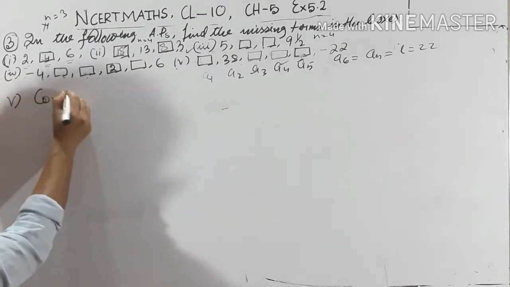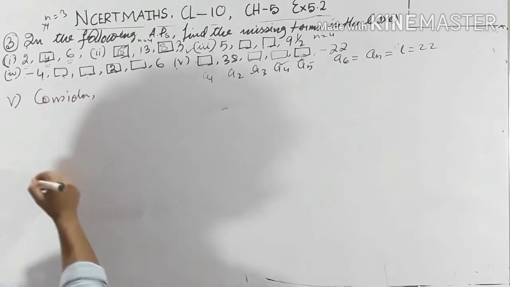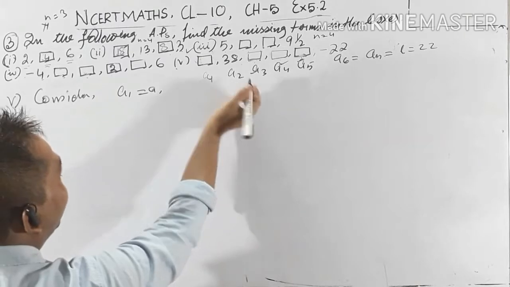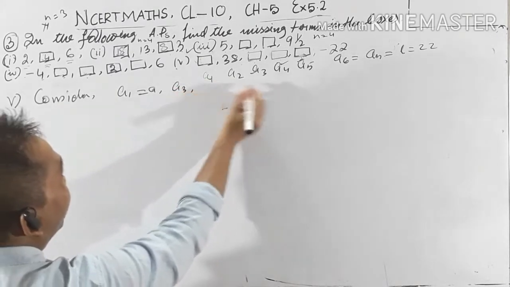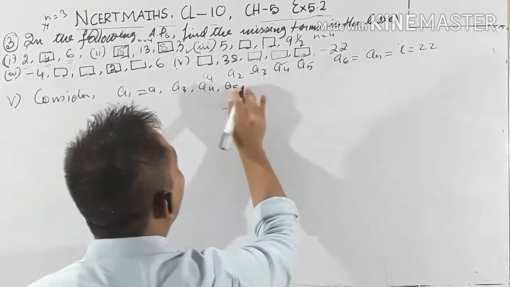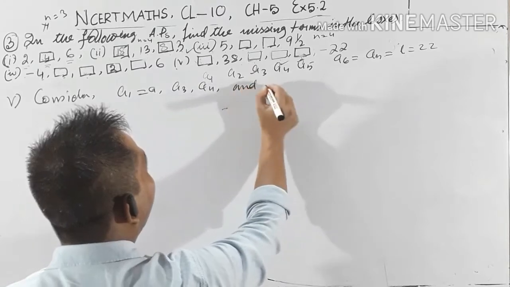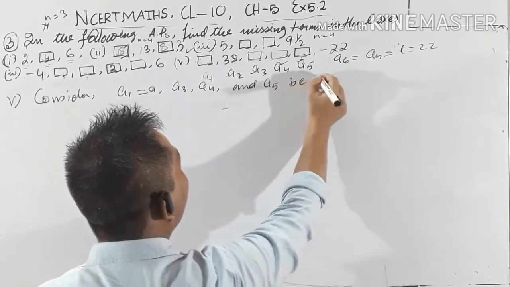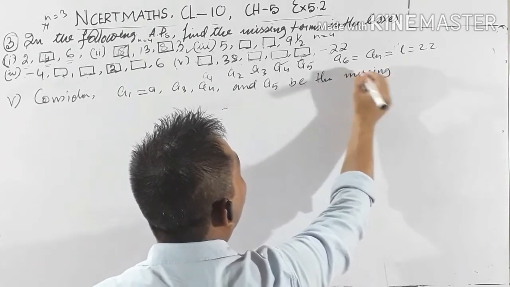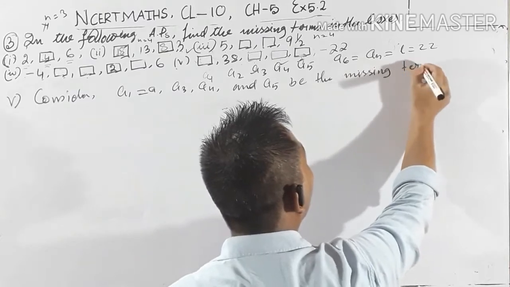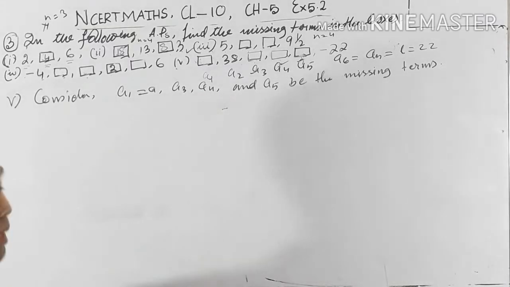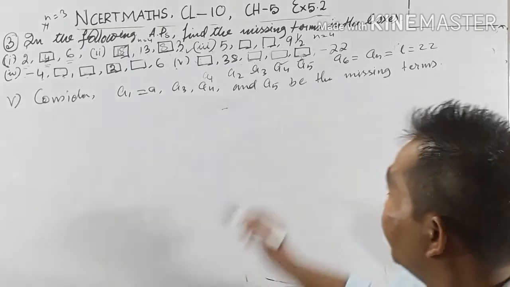Consider A1 equals A, and then A2 is given, then A3, A4, and A5 be the missing terms. Now what is given?